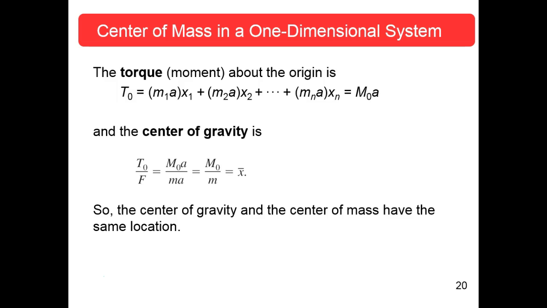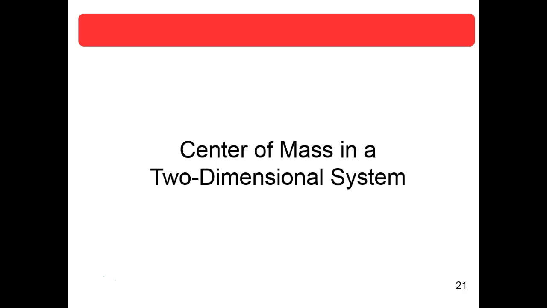They're saying that the center of gravity and the center of mass would have the same location. Well, that's just because everything's multiplied by a constant. So if you divide out the constant, you get the same thing. Not going over great detail here, probably more than I need.